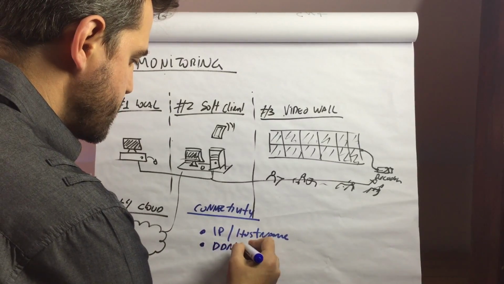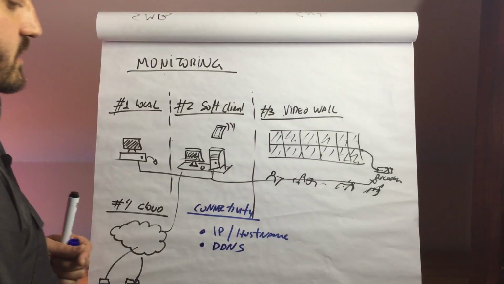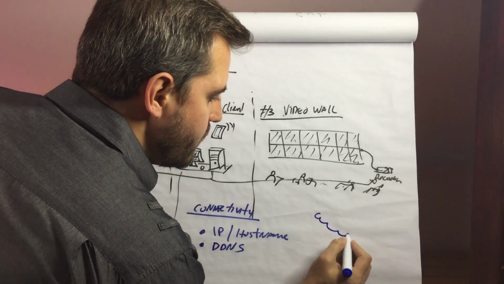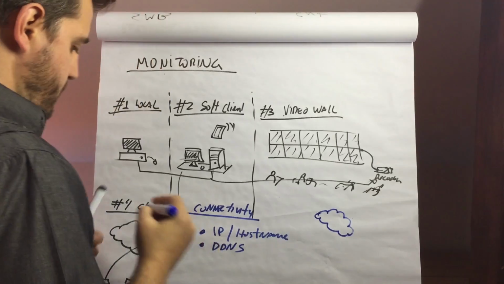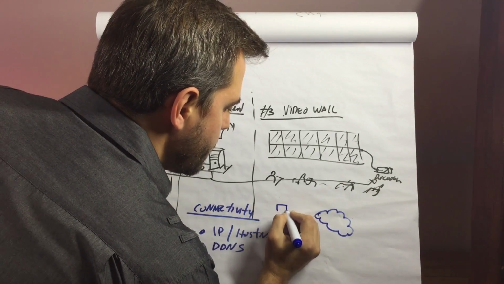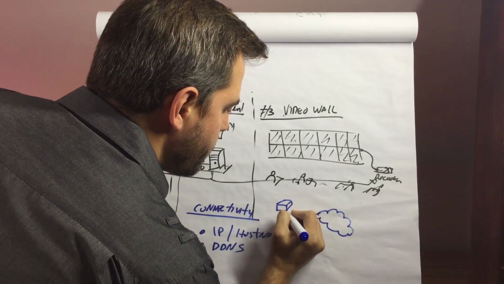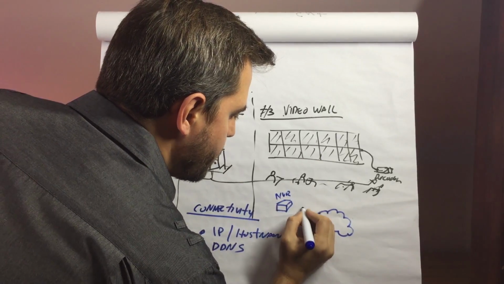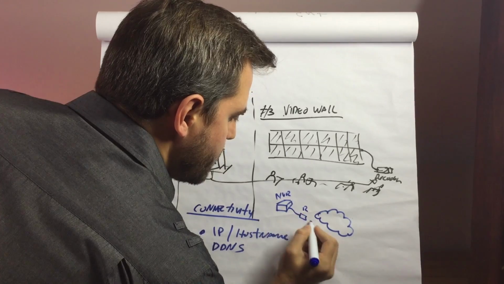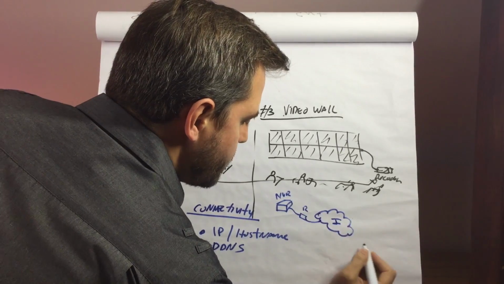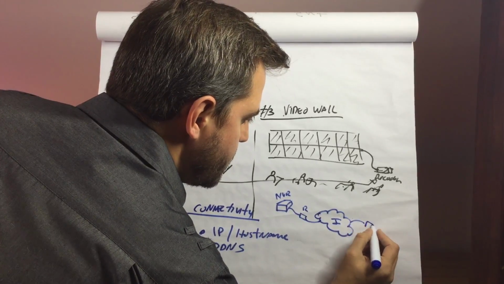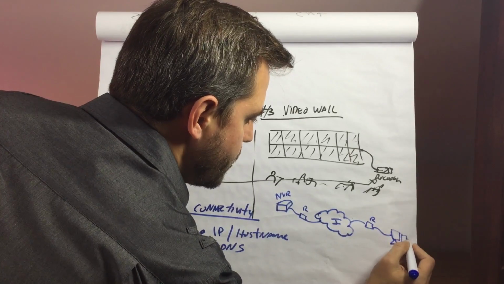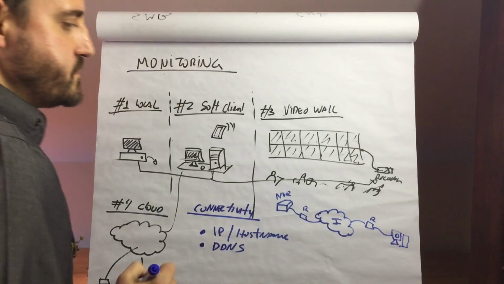After that, we have the DNS. So what is the DNS? In a very basic way, here's the NVR, here's the router, here's the internet, here's the other router, and here's the computer doing the monitoring.